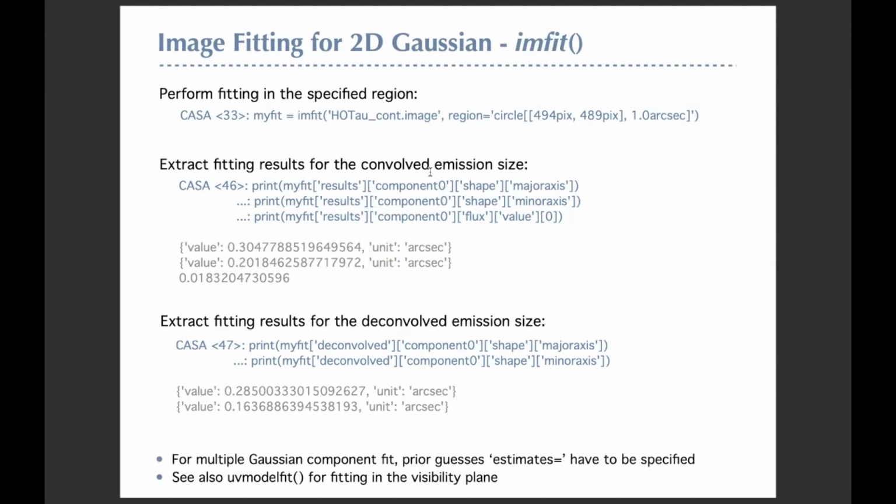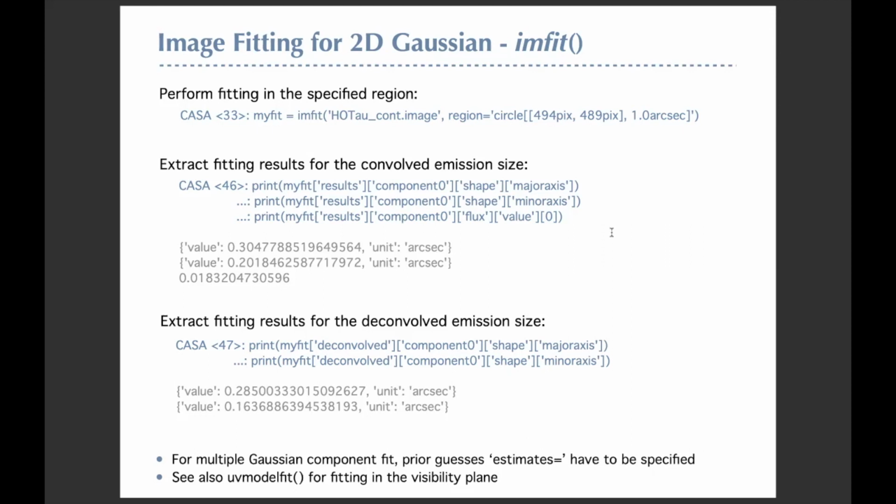What if I have multiple sources in the image and I would like to fit them together? The imfit task also includes such functionality. However, this would require an additional input parameter as a prior estimate for the source properties, and those estimates should be specified in the imfit task.